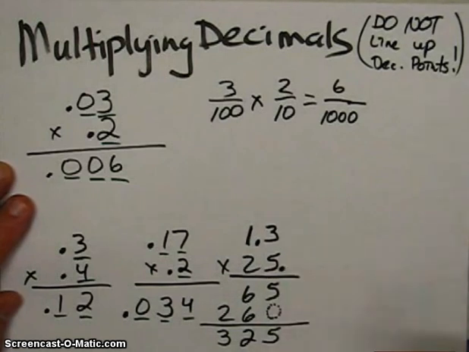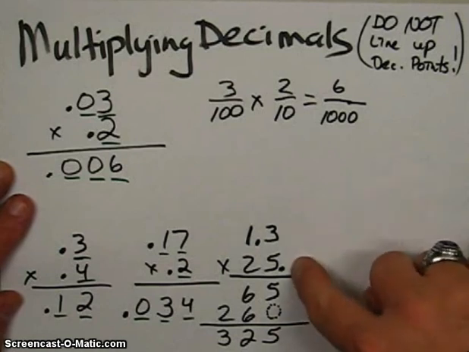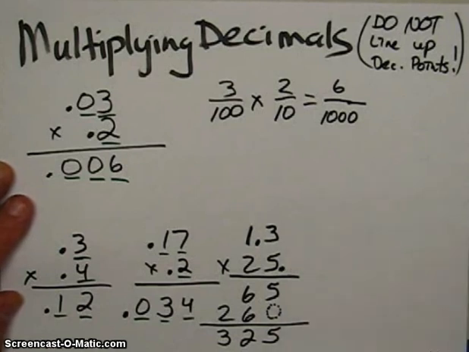It's just invisible. It's always sitting right after. Remember, the decimal point always comes after ones place. So in this whole number, the decimal point goes there. Okay. And so there are a total of only one digit after the decimal point in the problem. So there must be one digit after the decimal point in the answer. And so the answer is 32.5.